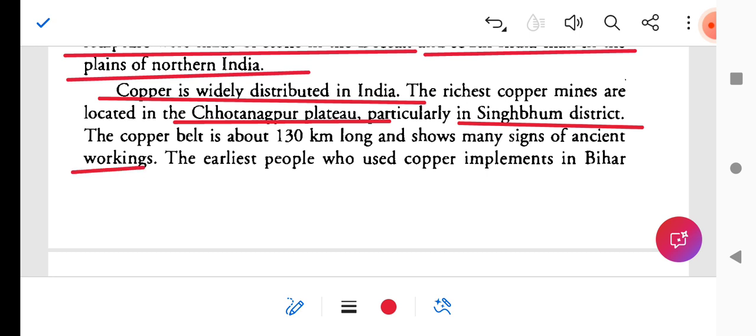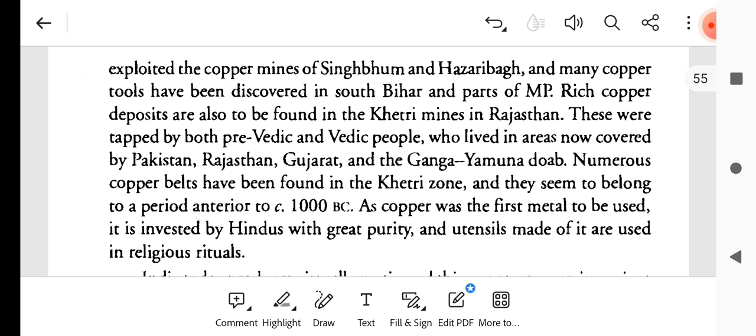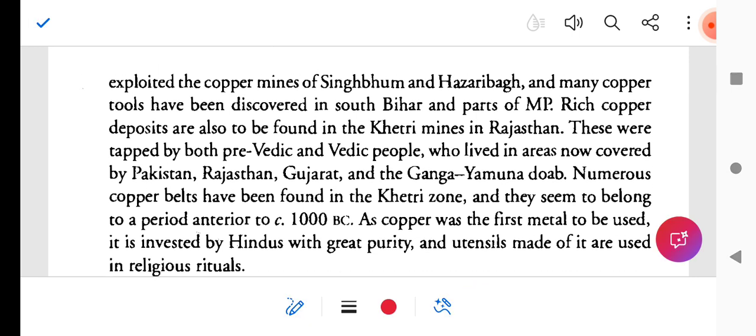The earliest people who used copper implements in Bihar exploited the copper mines of Singhbhum and Hazaribagh, and many copper tools have been discovered in South Bihar and parts of MP. Rich copper deposits are also to be found in the Khetri mines in Rajasthan.